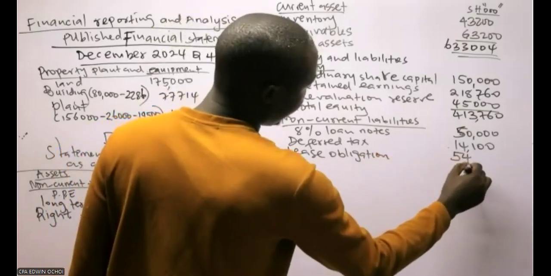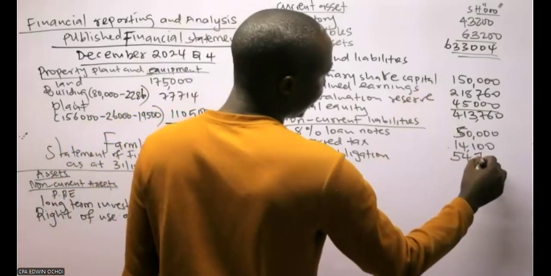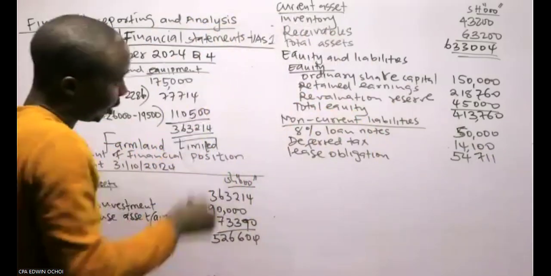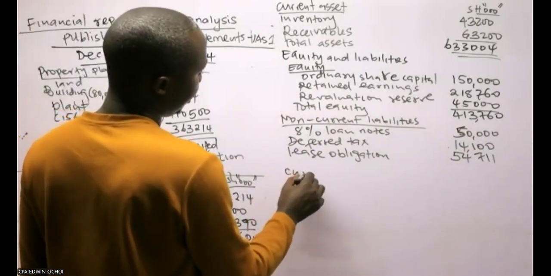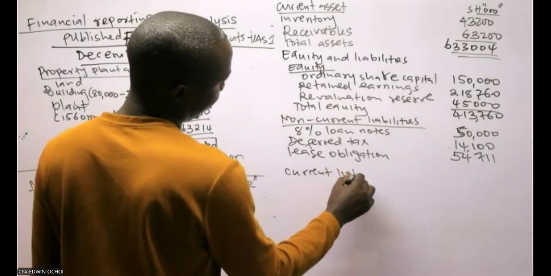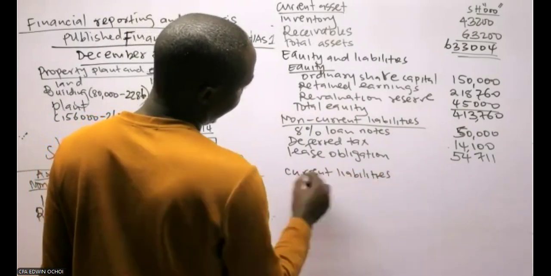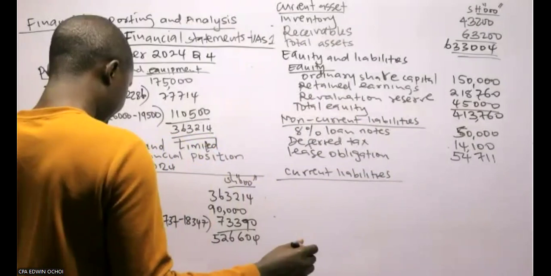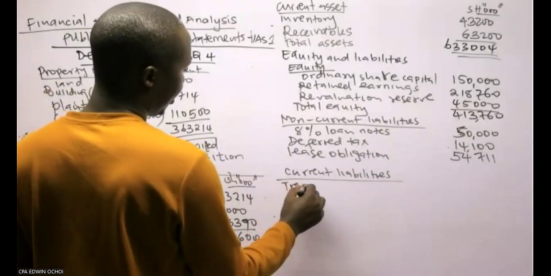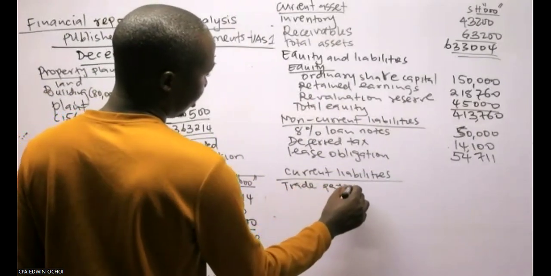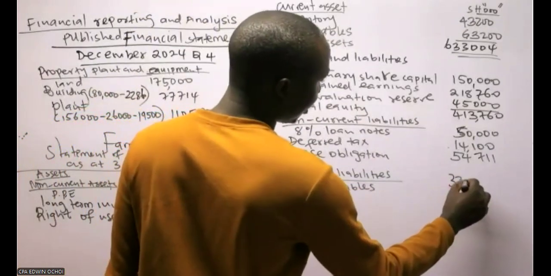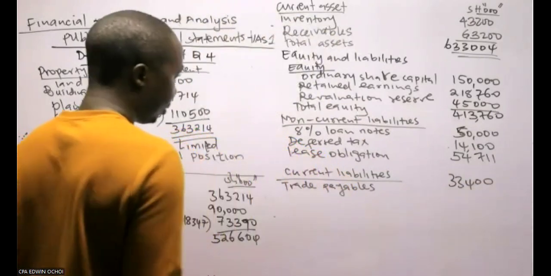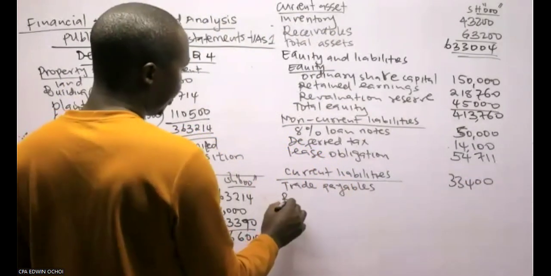It was 54,711, from the lease amortization schedule. Then current liabilities. Trade payables is 33,400. Bank overdraft.